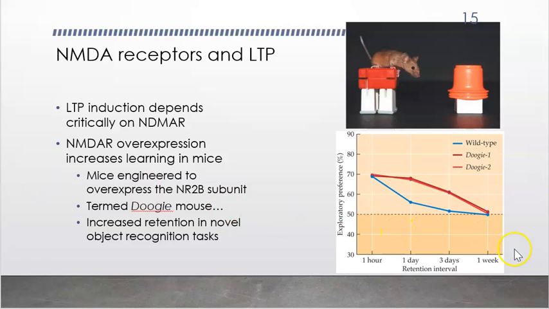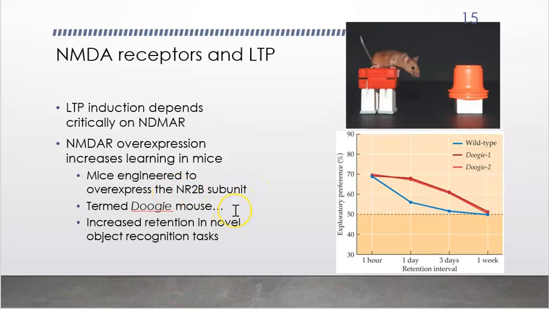If we look at this graph over here, wild type, the blue line, just means a normal mouse that has a normal level of NMDA receptors. And then we've got Doogie 1 and Doogie 2. These are mice that have an overexpression of the NMDAR gene. Okay? So these mice were engineered to overexpress this subunit.